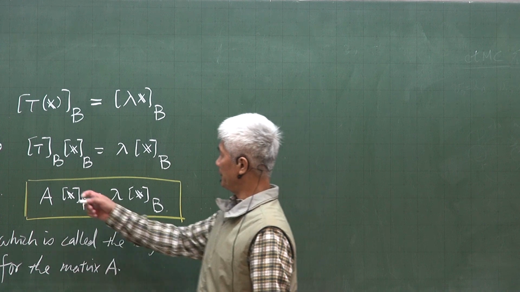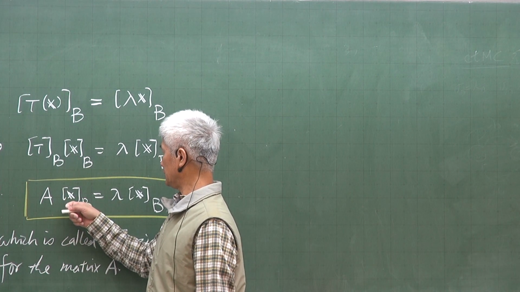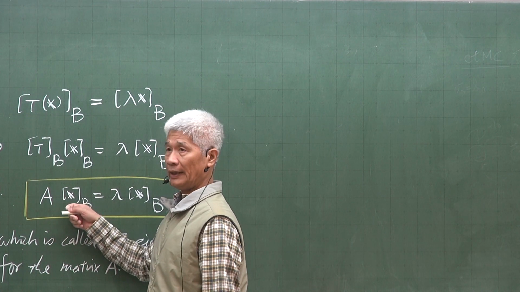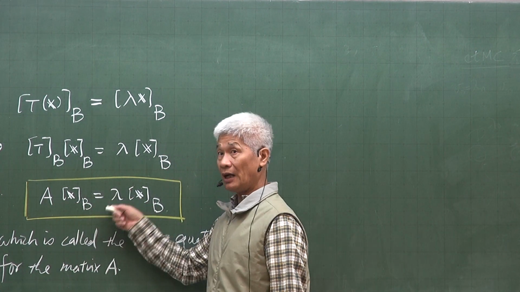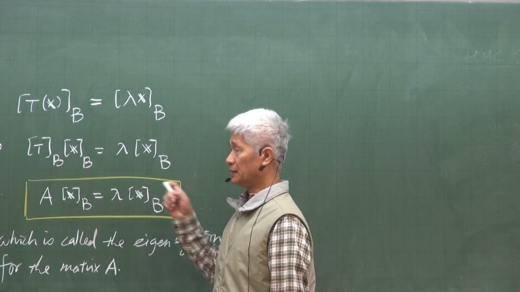So that we have a matrix, an unknown column vector in Rn, and an unknown scalar again.